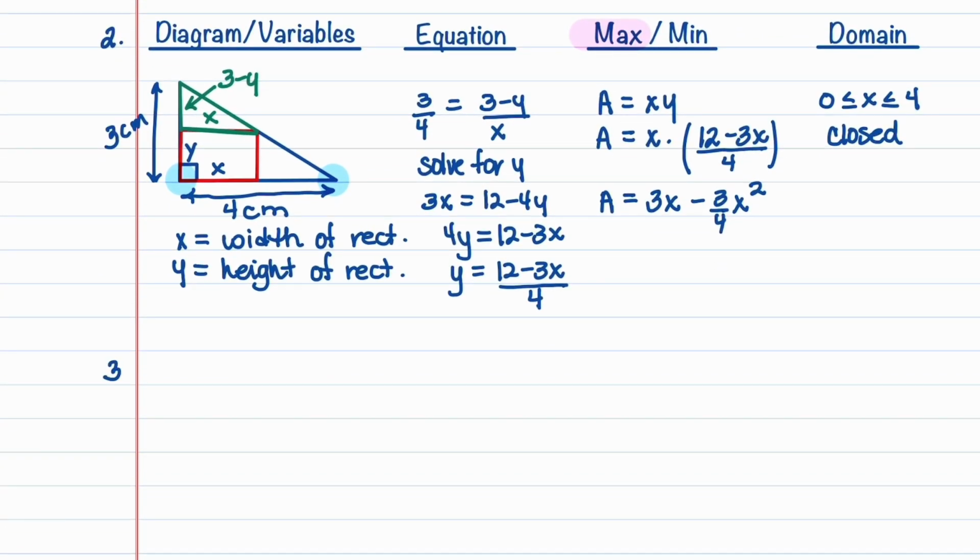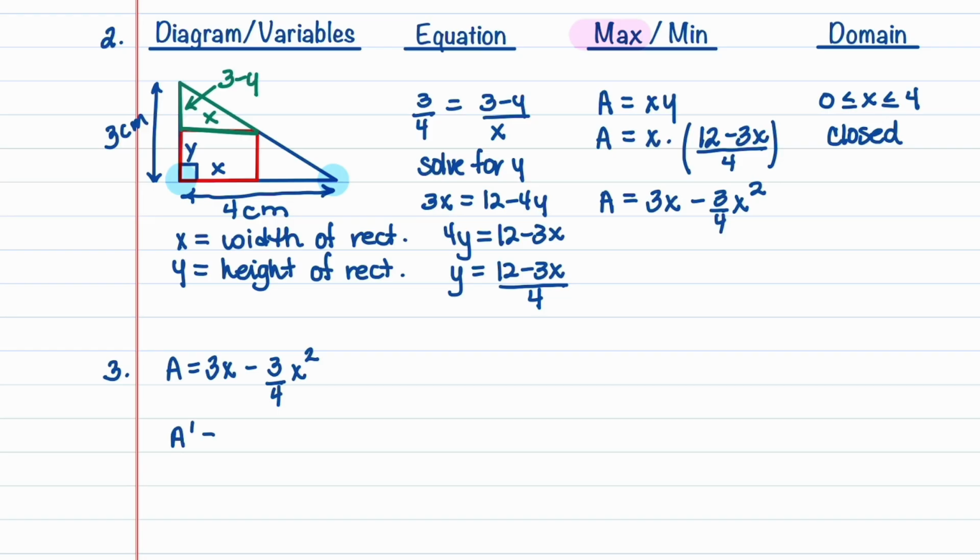For step 3, we want to take the derivative of our area function and find its critical values, and then find the maximum value of A. So let's go ahead and rewrite A. A is 3x minus 3/4 x squared. Now we can go ahead and take the derivative.